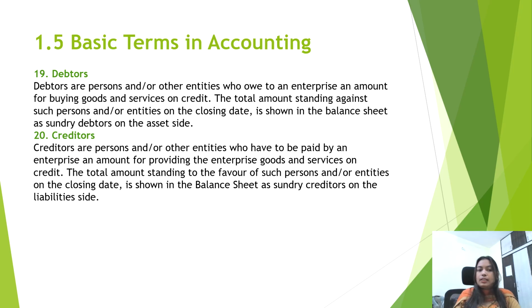First of all, debtors and creditors, what is the difference between both the terms? See, debtors are the persons from whom we will get the money. We have made sales to them on credit. The credit sales, whatever we have made to the person, that person is known as debtor for the business, for the entity, because they owe the amount to the entity. Now, who are creditors?